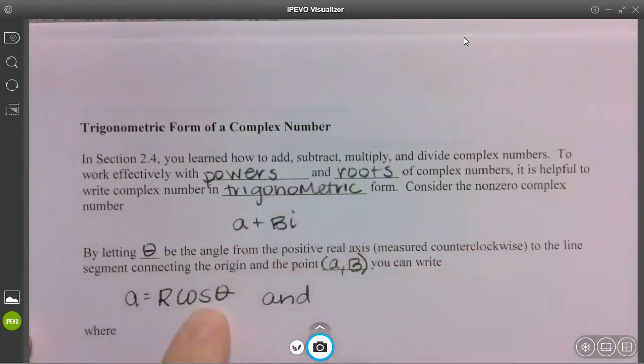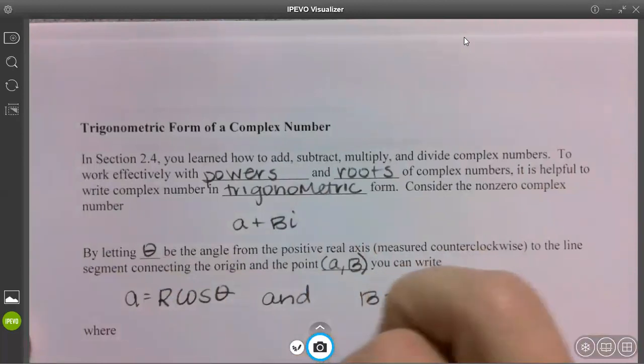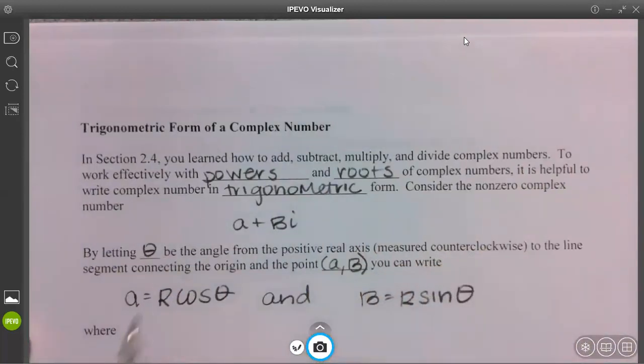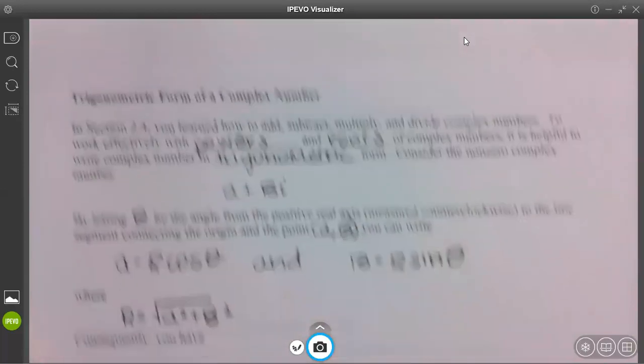Same thing, remember cosine goes with your x value, so that's why it's with the a, because a is like your x or your horizontal. And then b equals r sine theta. And remember that r is what we just found, that absolute value, or the square root of a squared plus b squared.